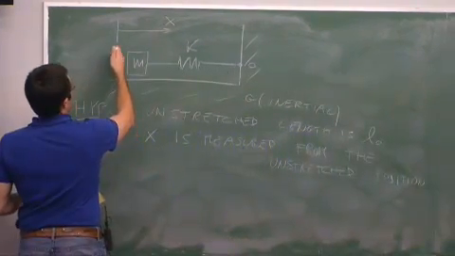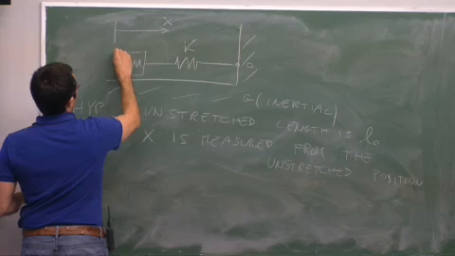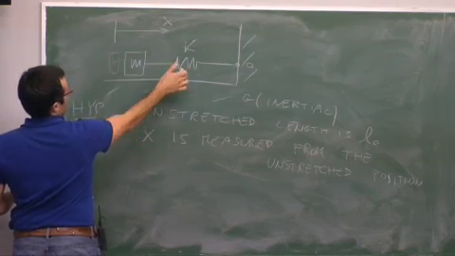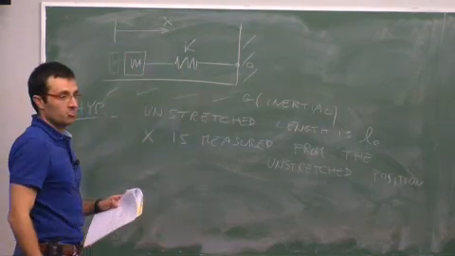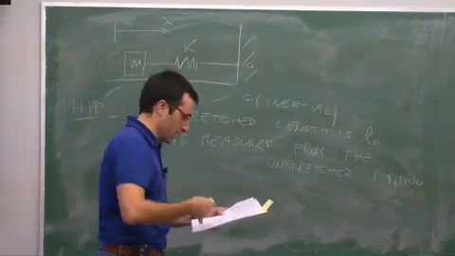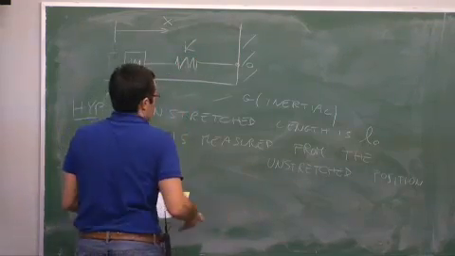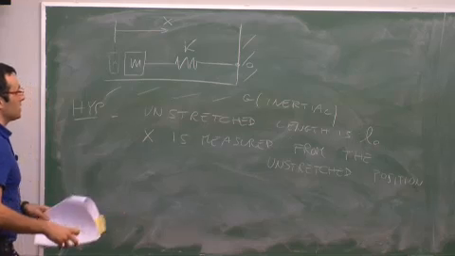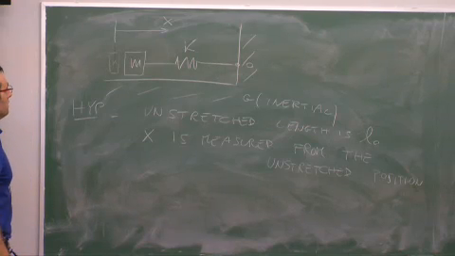What I'm saying is that if the block was here, that would be the unstretched length of the spring, right? I set my origin there, so I'm basically telling you that's the origin already. That's the point from which I'm measuring the position of the mass.